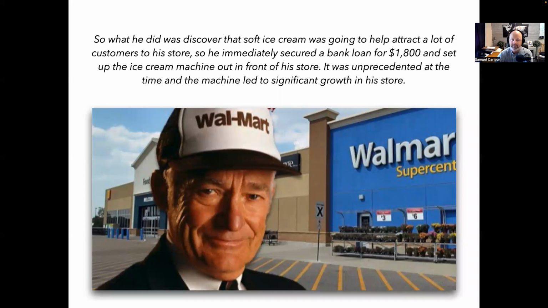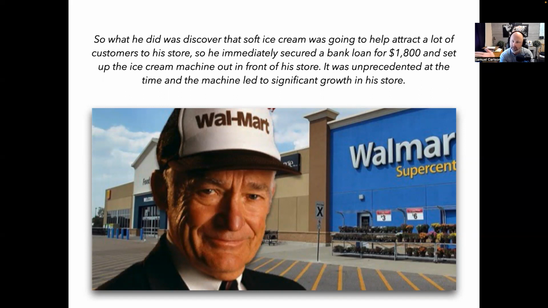Sam Walton, when he first started growing Walmart, knew he needed something to hook people in. He knew he had to have a way to get people into his stores. And so he said, well, what could I do? So he said, I'm going to put a soft serve ice cream in front of my store, and that'll bring people to the door.